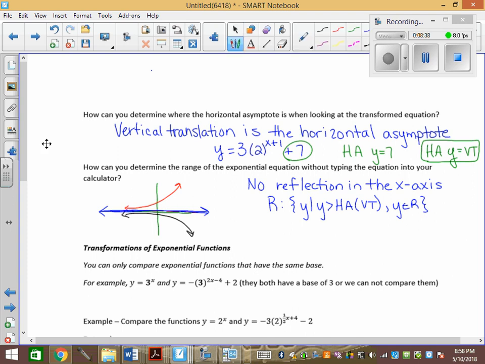And then if there is a reflection in the x-axis, my range flips. My graph is now down. So it'll be y such that y is less than my horizontal asymptote, which is actually my vertical translation, the q value.